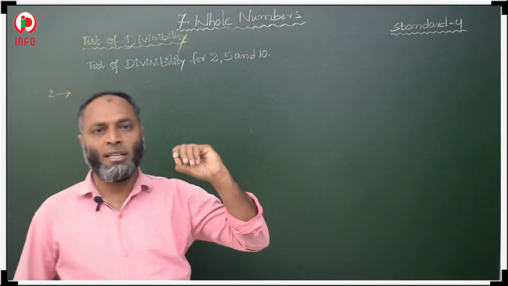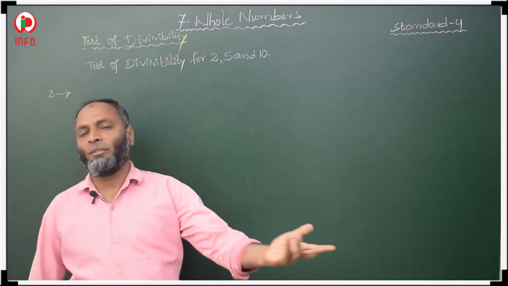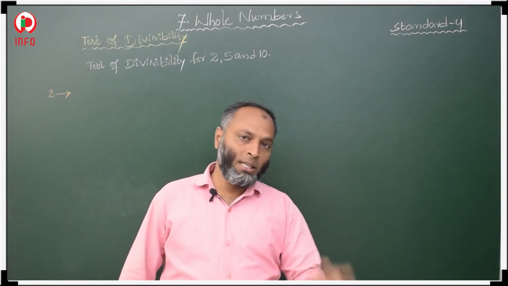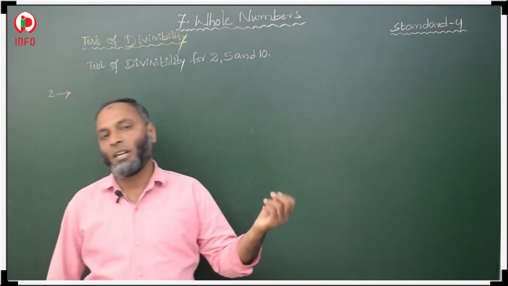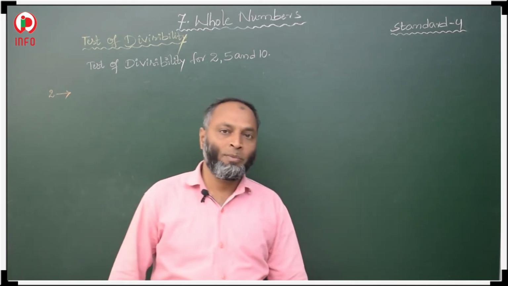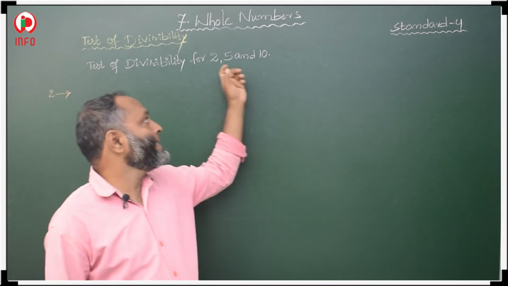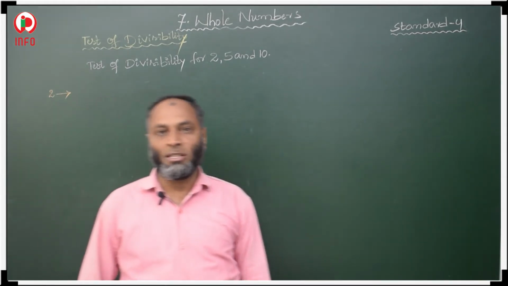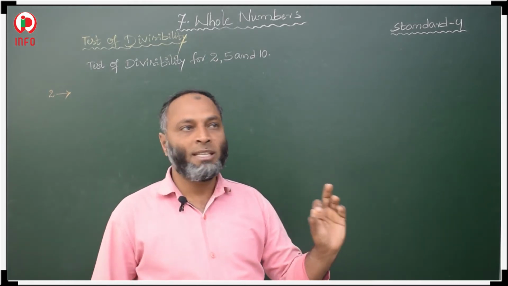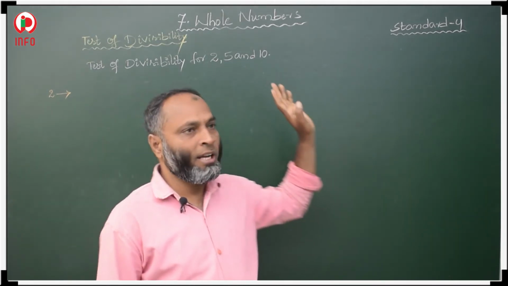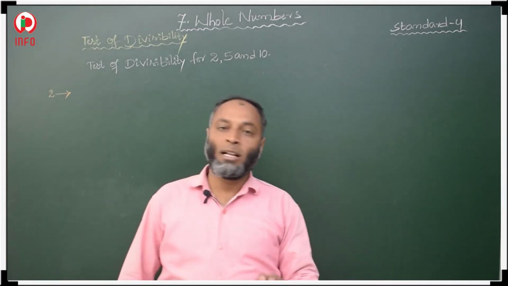Why are we selecting 2, 5 and 10 at the very beginning, and why not 3, 4 in the middle? Because for these tables 2, 5, 10, if we check only the ones place, that is enough to decide whether the given number is divisible by 2, 5 or 10.